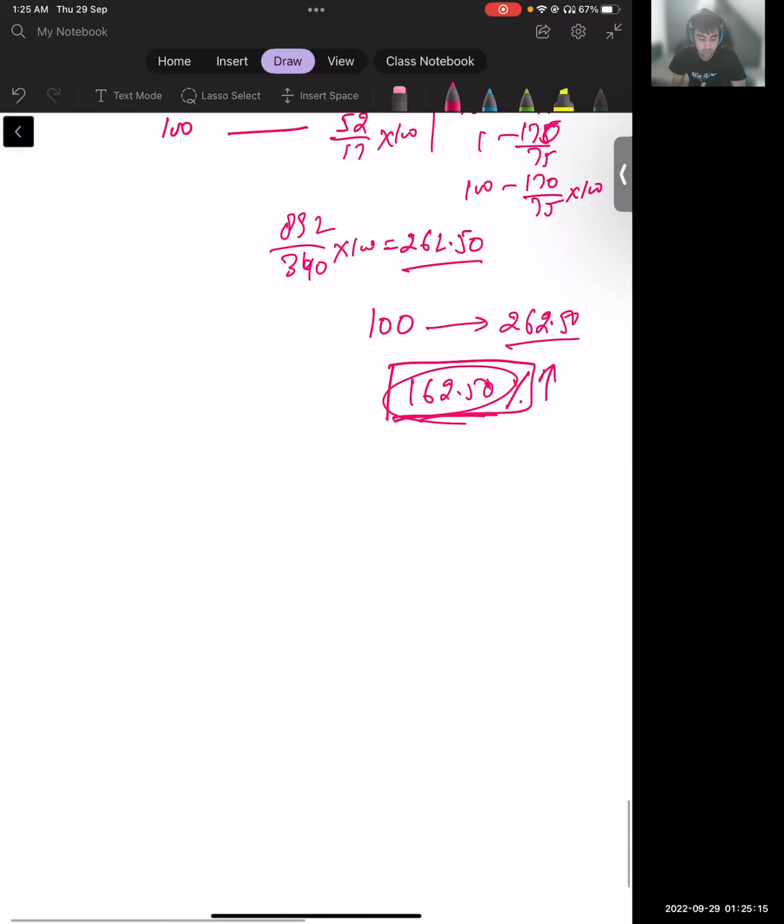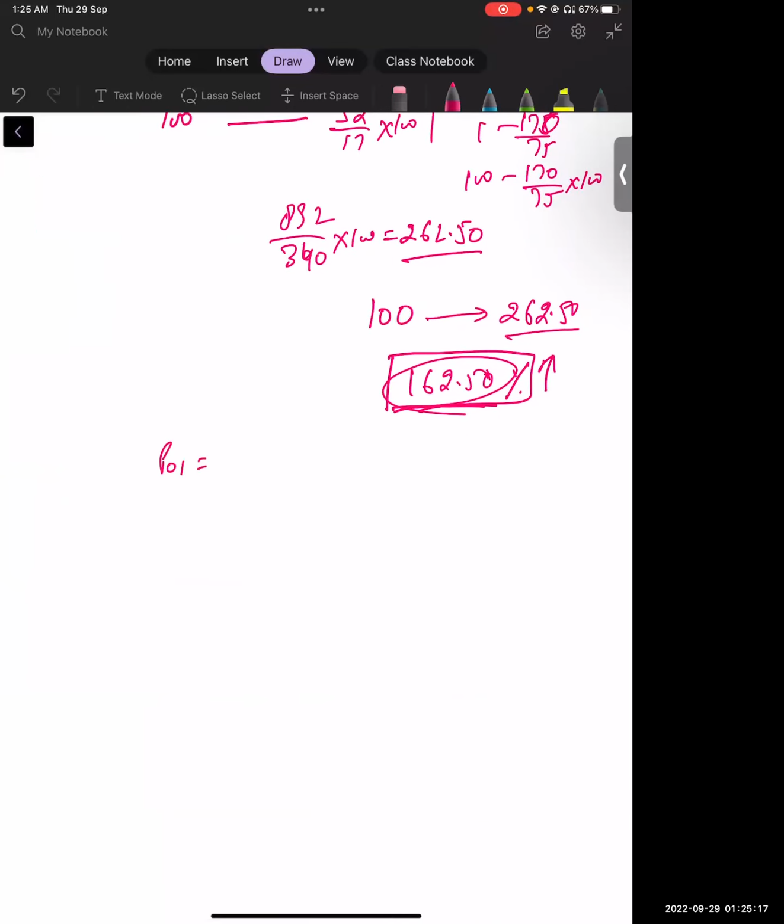Now, look at the formula. It is written as P01. P01 means price of year 1 on the basis of year 0. That means this is the base year, and 1 is the current year. Earlier the formula was P1 upon P0 into 100. This is called P01.